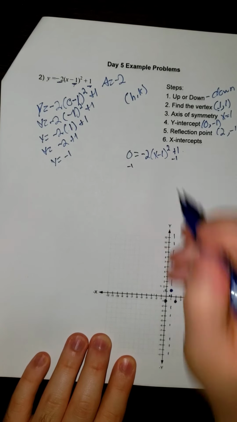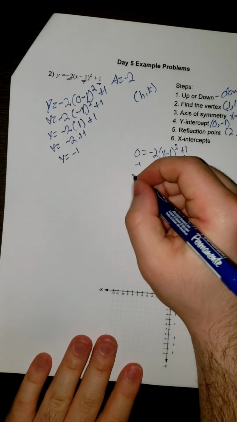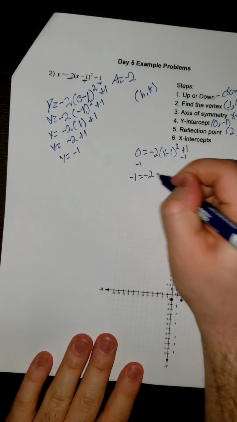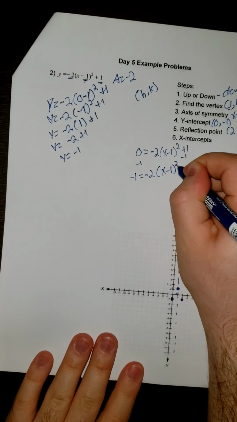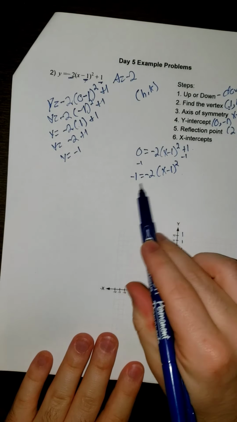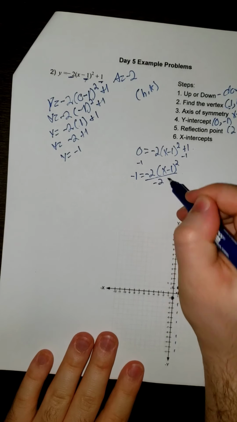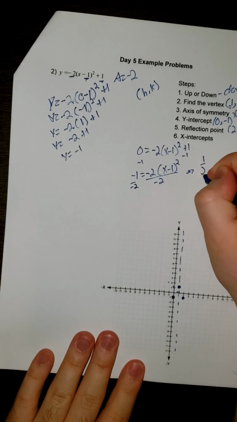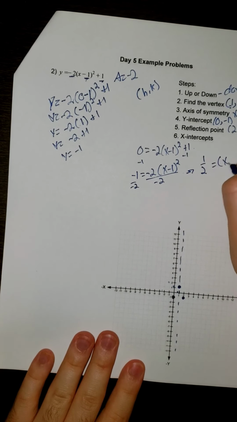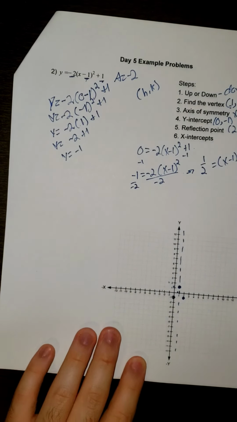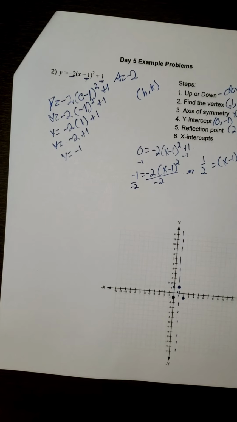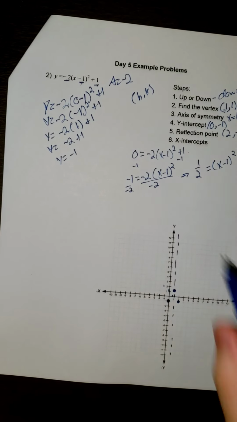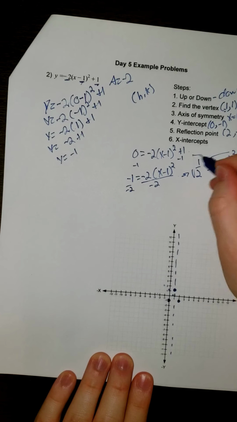First thing you do is subtract by 1 on both sides. I'm going to divide by negative 2. So you get 1/2 equals x minus 1 squared. Take the square root because that is the opposite of squaring.